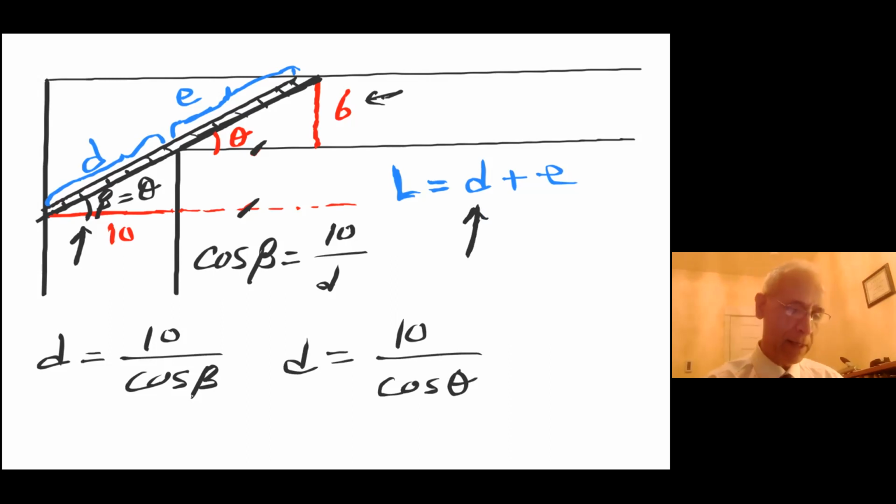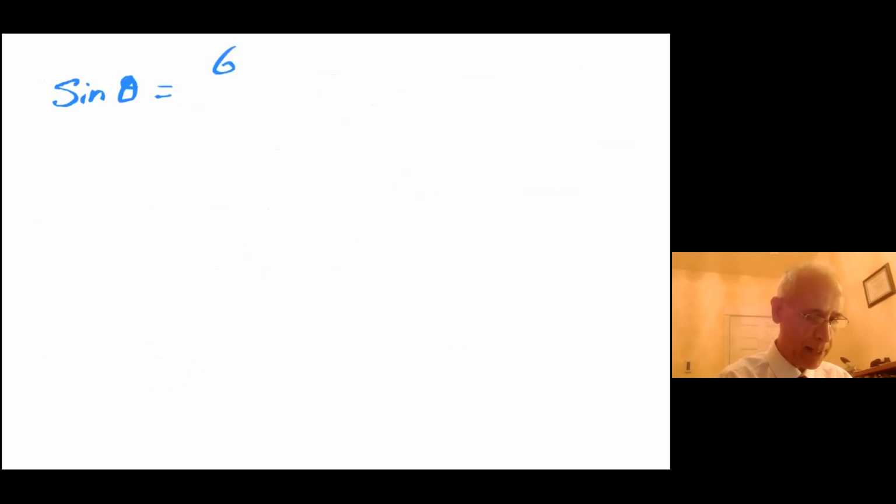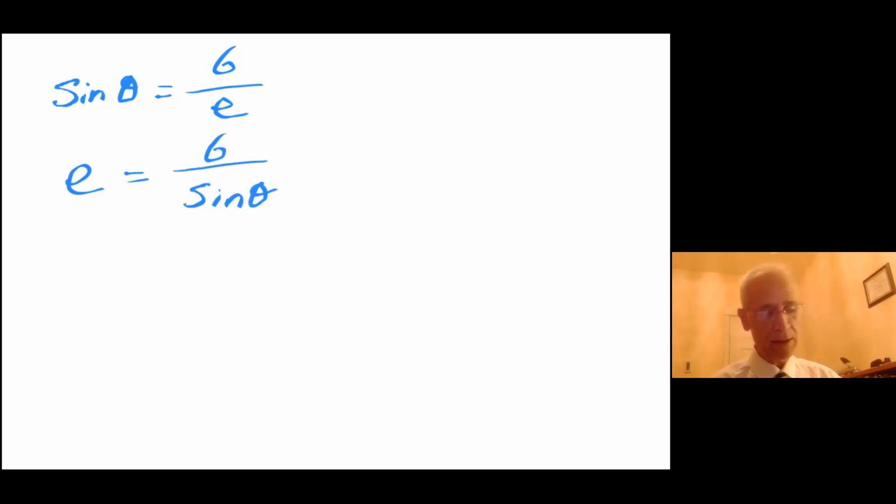But how about E? For E, I can claim that sine of theta equals side opposite, which is 6, over E. Solving for E, E equals 6 divided by sine of theta.